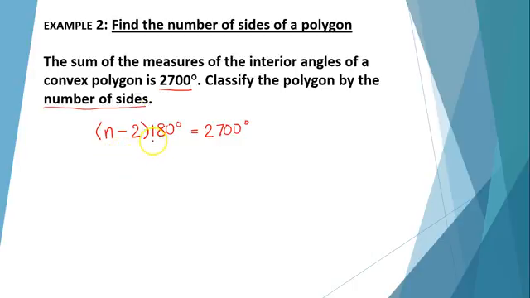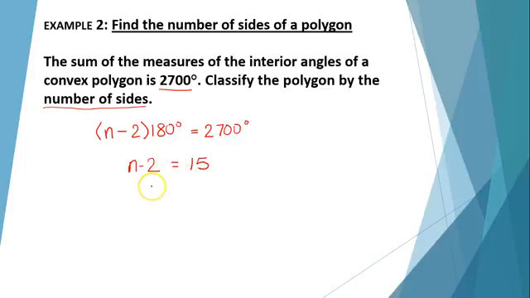So to start us out here, divide both sides by 180 degrees. And on this side of the equation, you're left with n minus 2. And when you divide 2,700 by 180, you get 15.